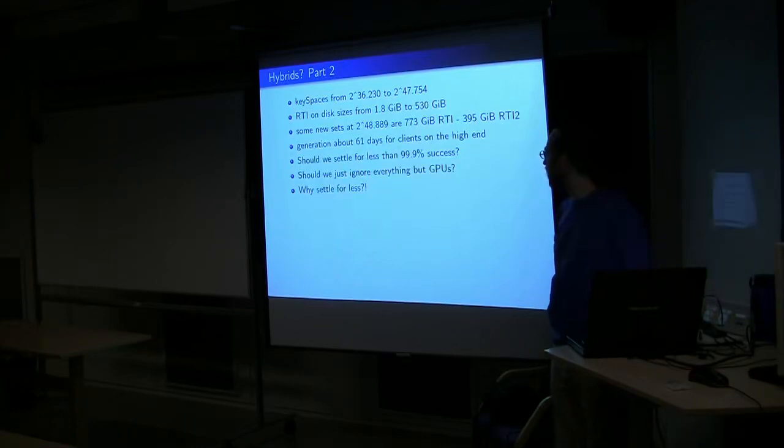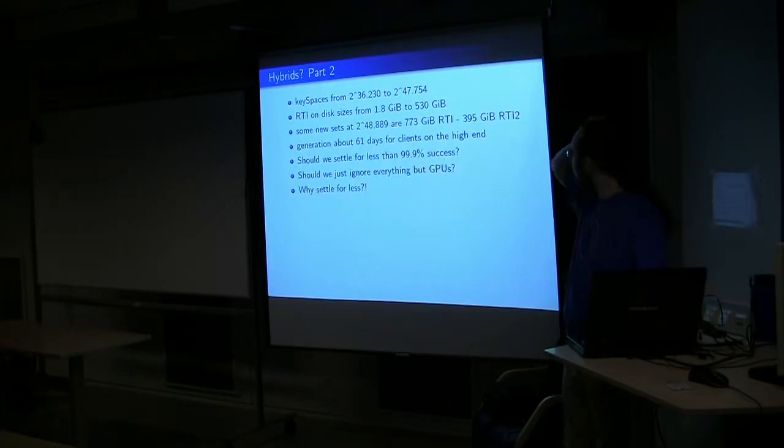We already have some new sets that are essentially complete but not yet released, with a bit larger key space. If you note the sizes, it's completely impractical to release those as RTI, even for us on the generation side, where we don't have an infinite supply of disks.